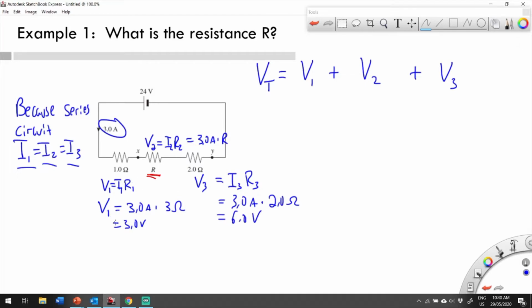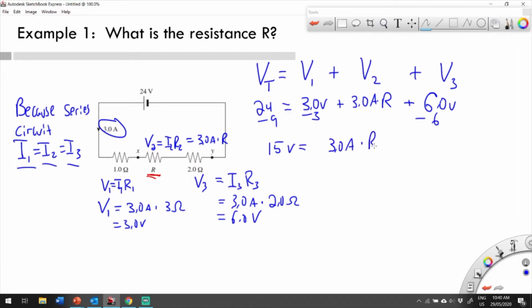Now we have V1 and V3, so in our original equation we can say, okay, V1 is 3 volts, V2 we can write as 3.0 amps times R, and V3 we can write as 6 volts. Terminal voltage is 24 volts, and then we just do some algebra, so we'll subtract that, so this will be 15 volts equals 3 amps times the resistance.